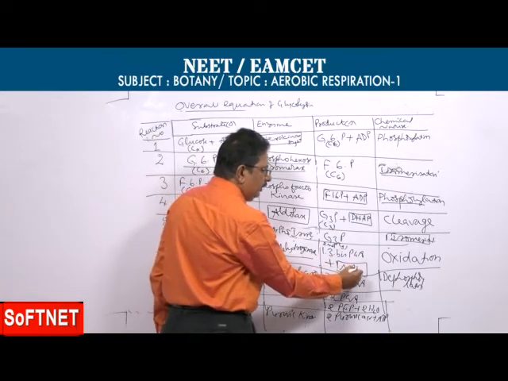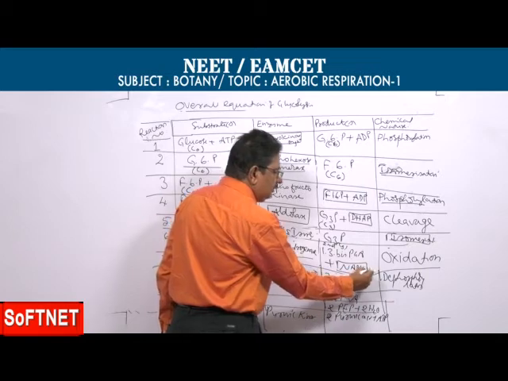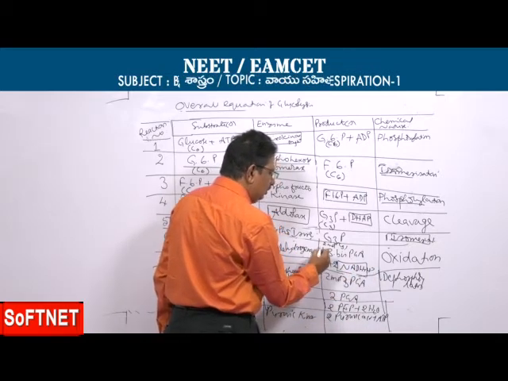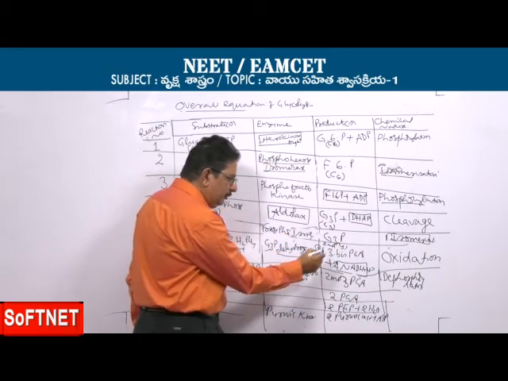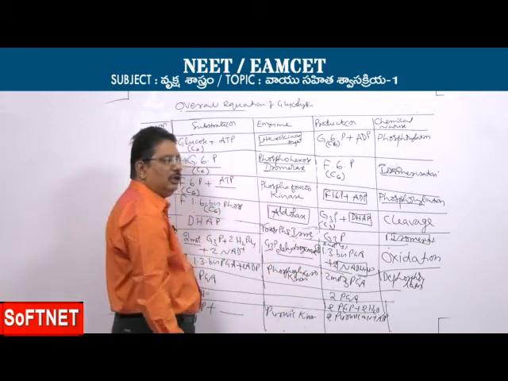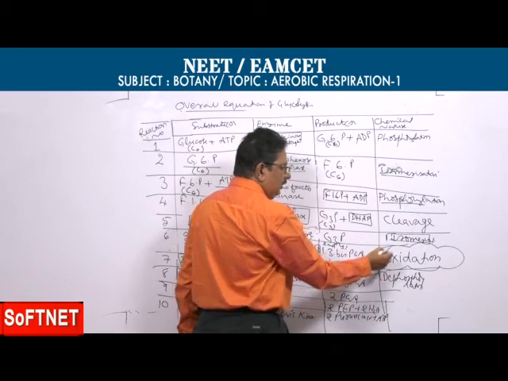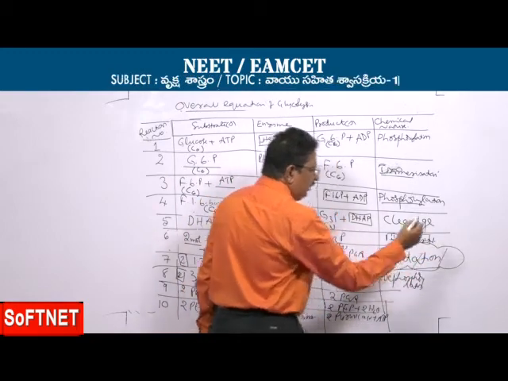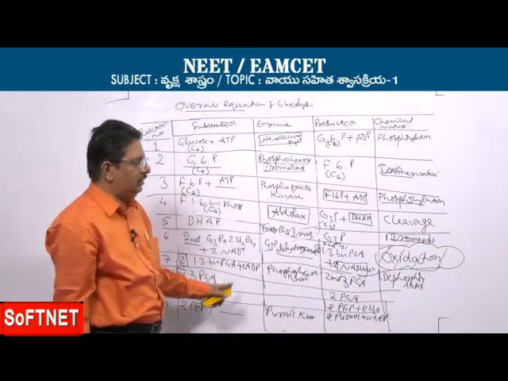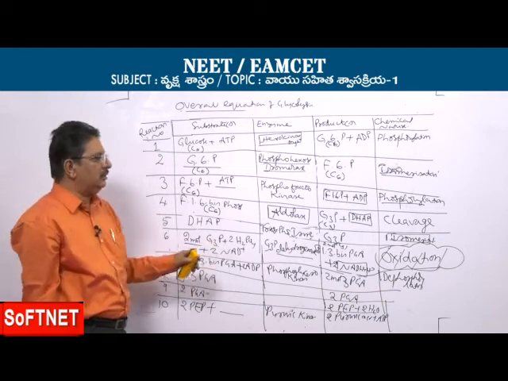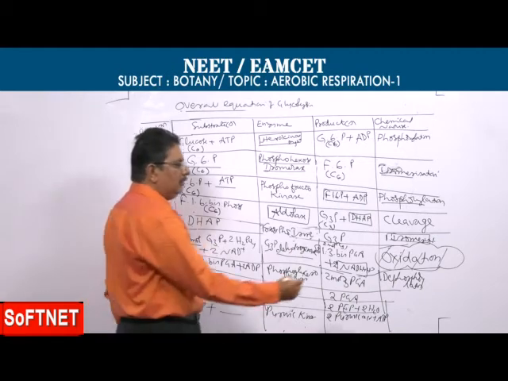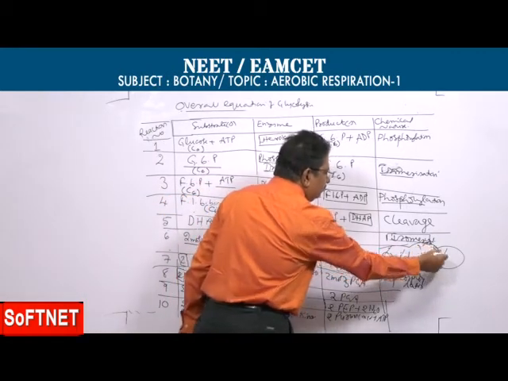So, it forms 2 molecules of 1,3-bisPGA and 2 molecules of NADH plus H plus. This is the most important reaction in this entire EMP pathway, oxidation. So, the first oxidation step in aerobic respiration.